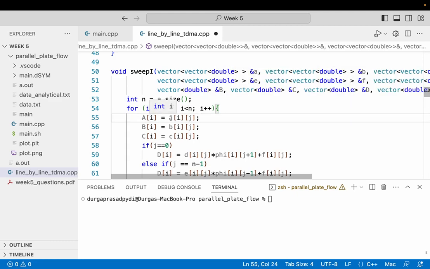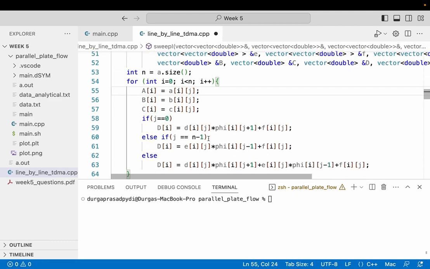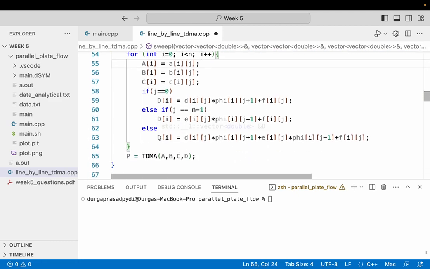So your A i will be A ij, B i will be B ij, C i will be C ij. Now your D i will have terms coming from the north, south, as well as a constant term. So your D i term will have contributions from the north cell, J plus 1, and then from J minus 1, and F is a constant term.